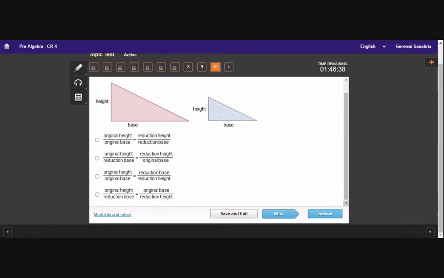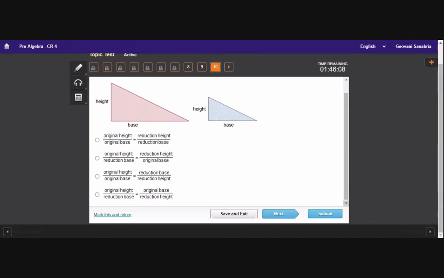This is just one, so it should be A, right?